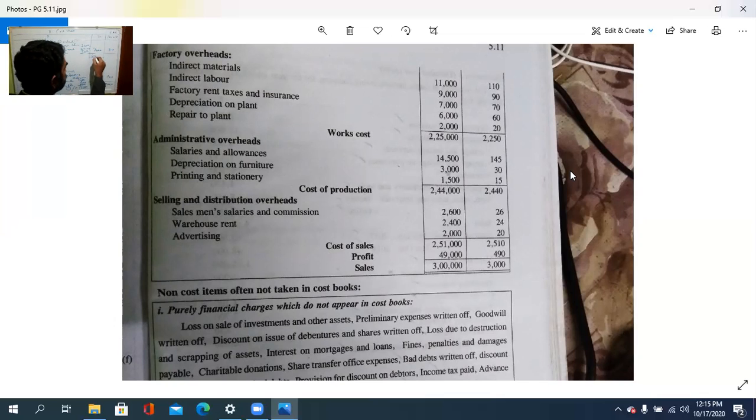This 2,51,000, that is the COS, or what is that? Total cost. COS 2,51,000, so per unit how much? 2,510. Then sales is there. Sales, how much? It is 3 lakh, isn't it? 3,000 units at the rate of rupees 100. So it is 3 lakh.